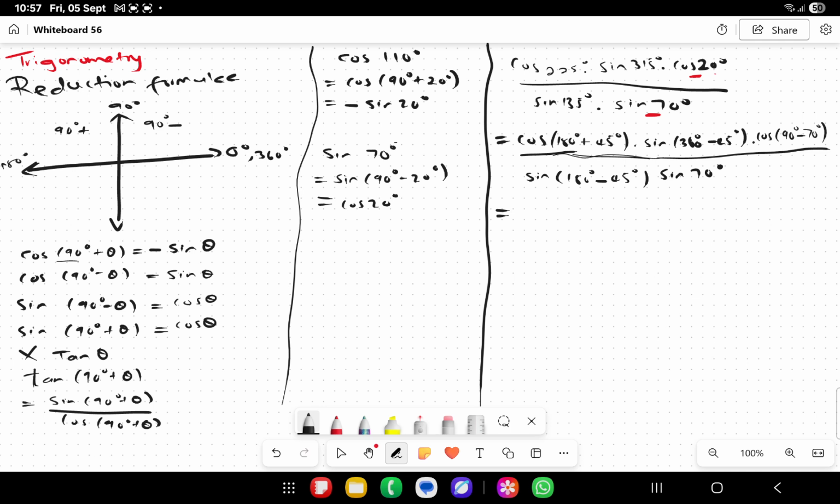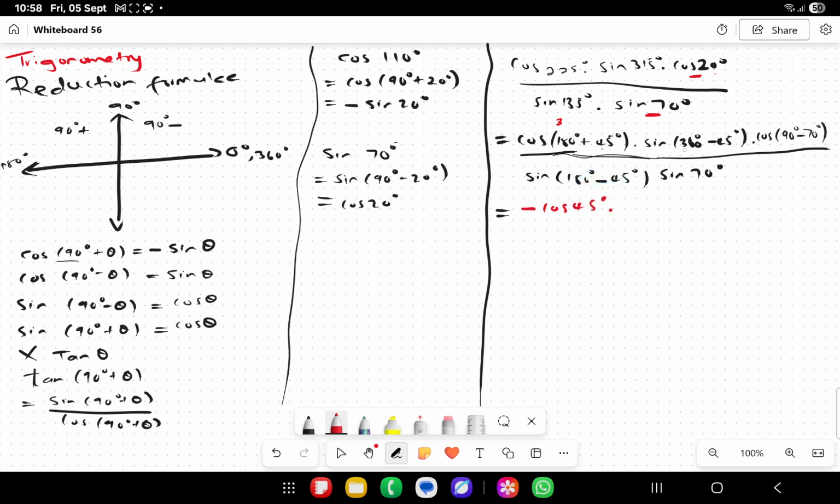Let's do this step by step. Number 1, cos of 180 degrees plus 45. Which quadrant is this? Quadrant number 3, where cos is negative. So I'm going to have negative cos 45.